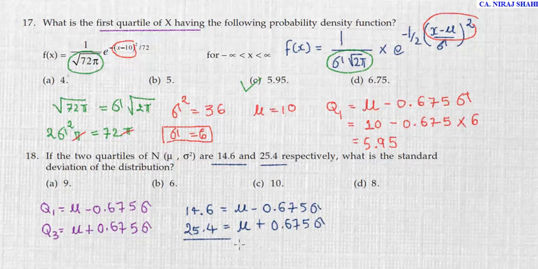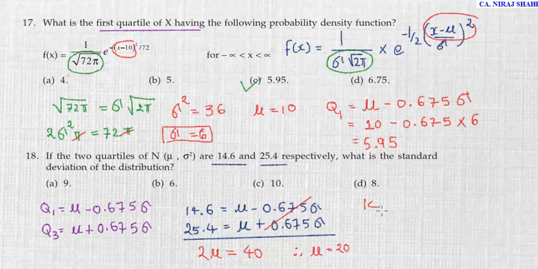Let's just add both the equations, then this 0.675 sigma would actually cut, and we have 2 mu is equal to 14.6 plus 25.4, which is 40 actually. So now we can say mu is equal to 20. Just put mu is equal to 20 in any one equation. Let me put it in the first equation.